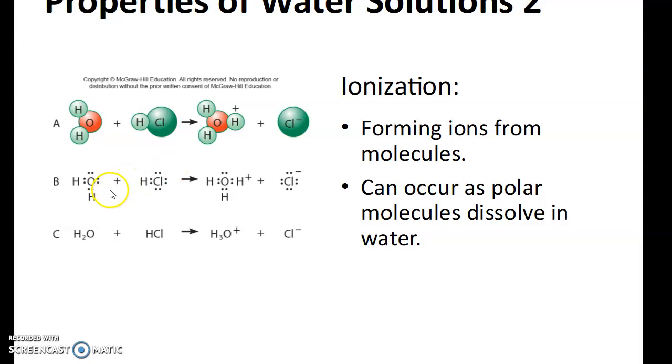Now, when things ionize like that, ions are formed from the molecules, and this occurs as polar molecules dissolve in water. Water itself does not conduct electricity unless it has impurities in it.